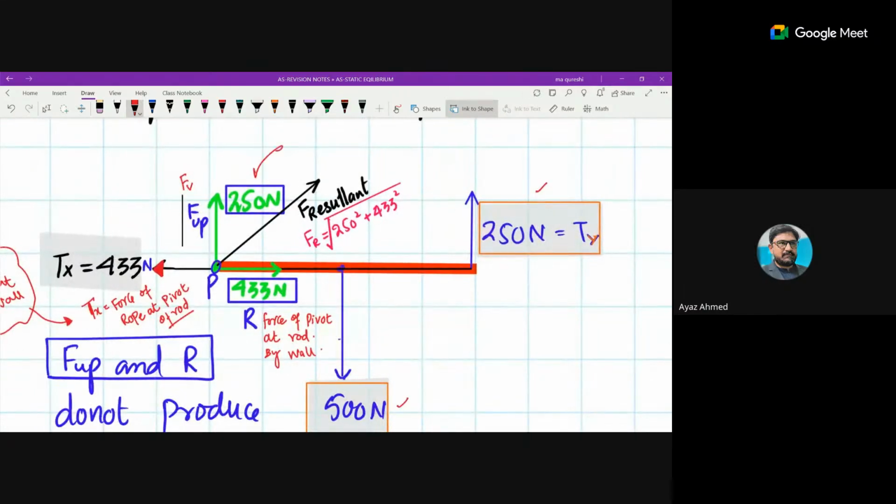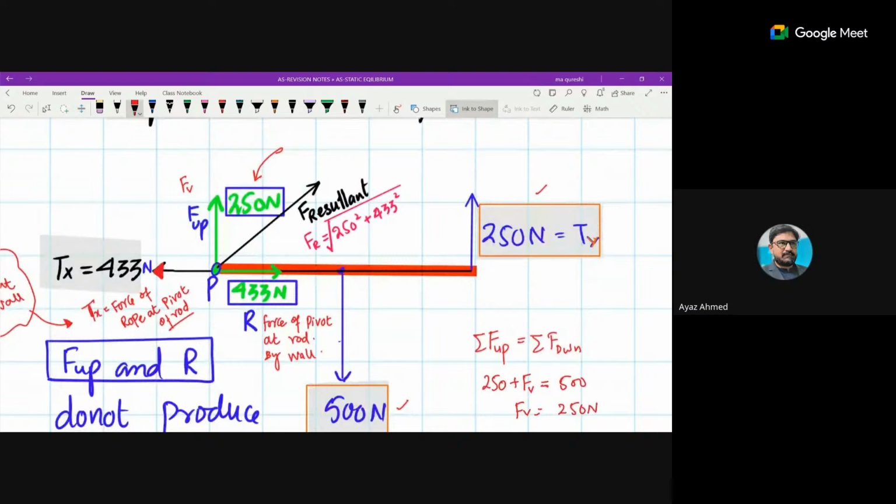So definitely, because the sum of upward forces is equal to the sum of downward forces, isn't it? So upward forces are 250 plus something. We do not know about that. There is a vertical force, but that is 500. So can I say that this vertical force will be 250 then?